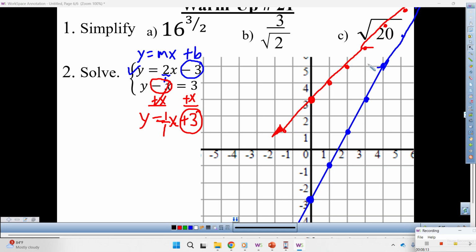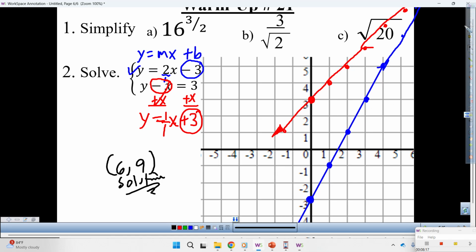You should have seen both of them intersect at 6 of x and 9 of y. Is that correct? Check your graphs. Do they both intersect at 6 and 9? Yes, Mr. Q. All right, so that's how you solve these. That's the solution, right? The solution is where both intersect.